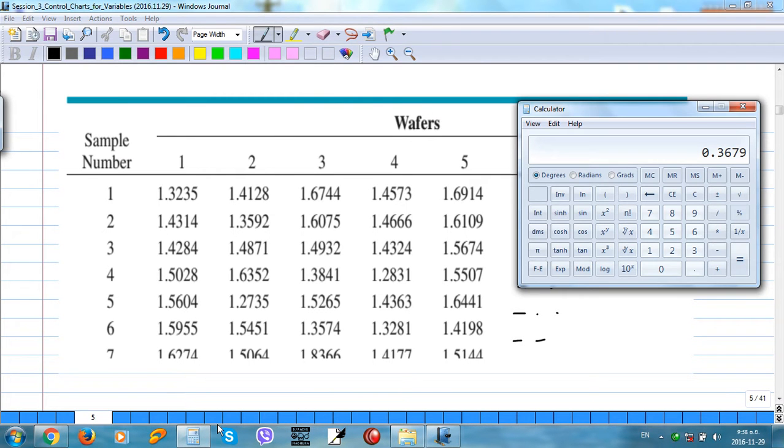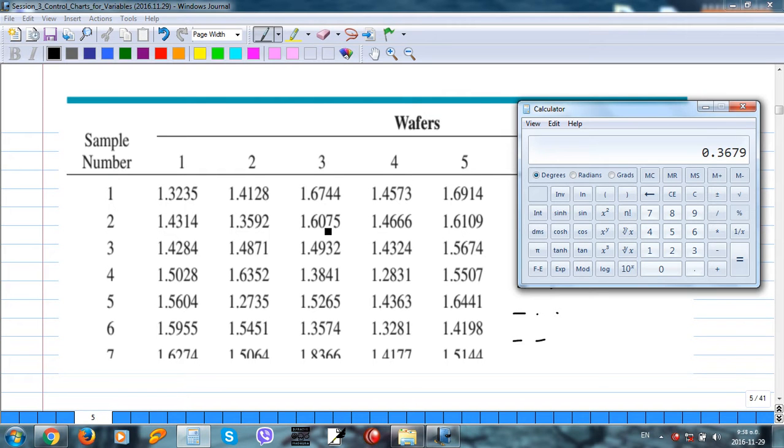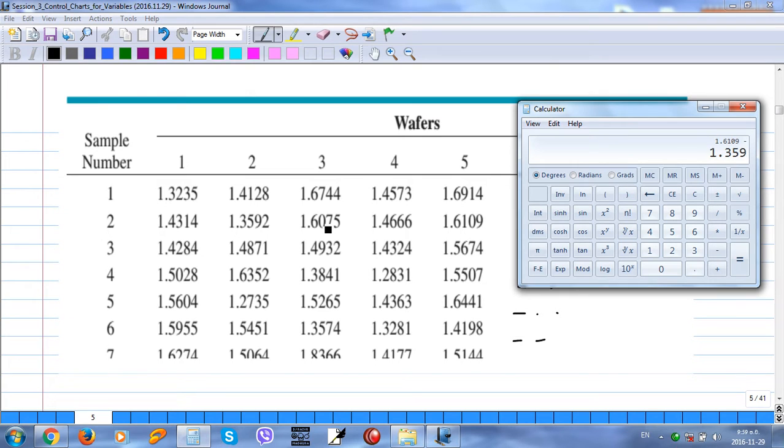And here the maximum is 1.6109 and the minimum is 1.3592. So we can find the range: maximum value 1.6109 minus 1.3592, then it comes as 0.2517.